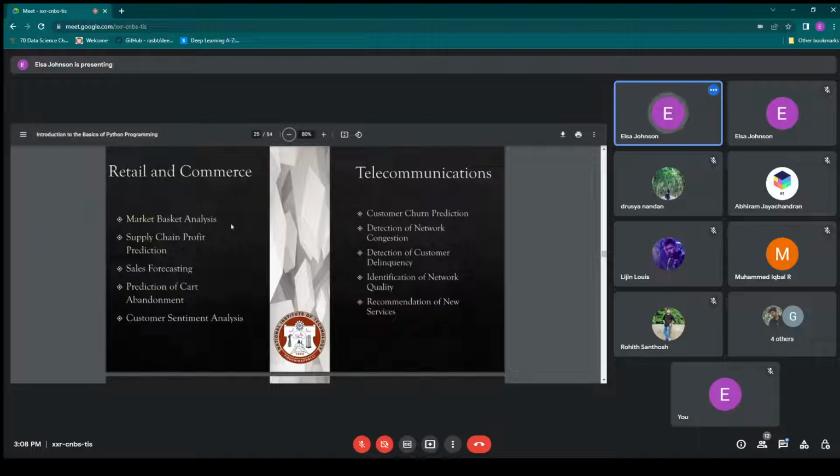Now in telecommunications, it's used for customer churn prediction, then network congestion detection, then identification of network quality, recommendation of new services. One example: when you are in a particular area, if your phone network selection is in auto mode, based on the network which is available there, either 3G, 4G, or 5G, you are not on 5G, either 3G or 4G right now.